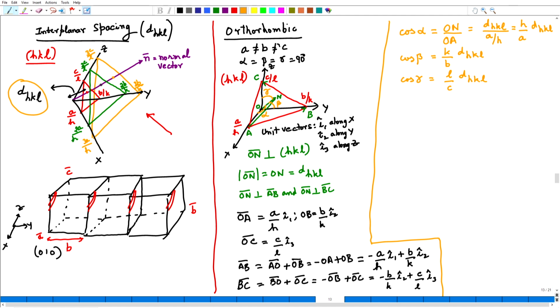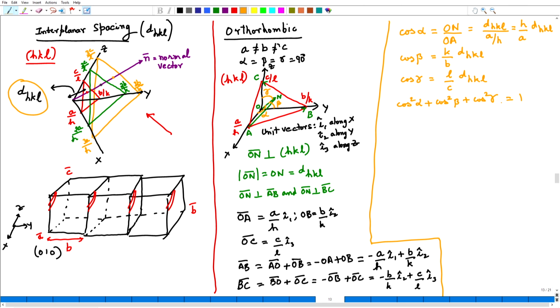Now, I write down one of the properties of the direction cosines, which is that cos square alpha plus cos square beta plus cos square gamma equals 1.